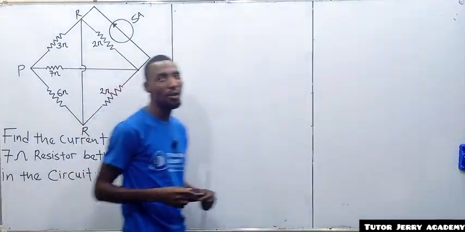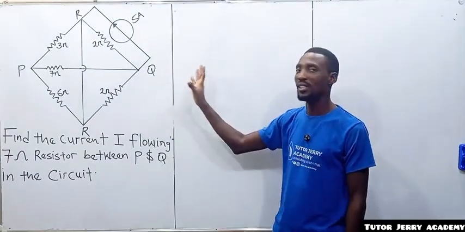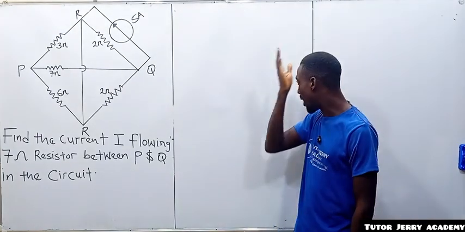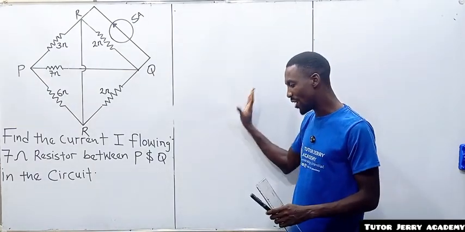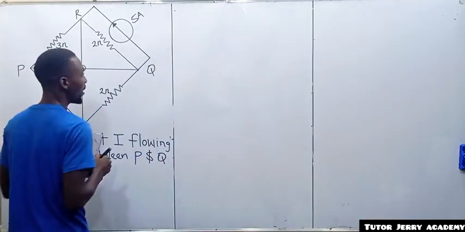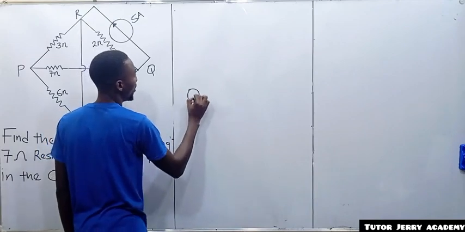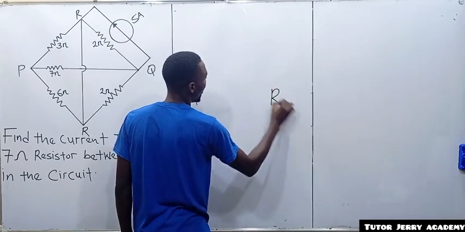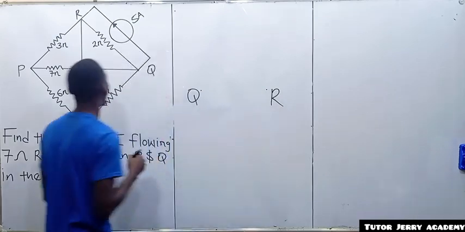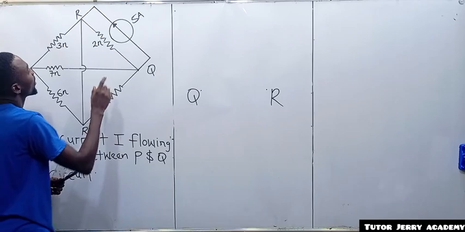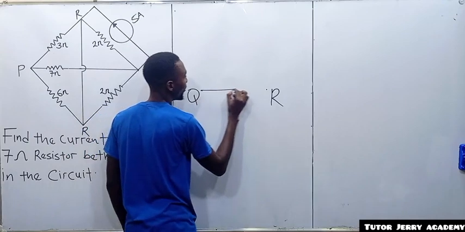All right, so in order for us to solve this question, we are going to redraw the circuit. Before I draw it properly, I'm just going to sketch it so you see. Let's say we have P, Q, and R here. Now we are having a current here, 5 ampere, so you can join this line with this line.